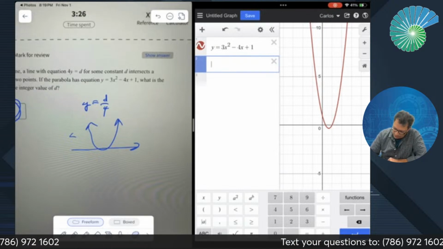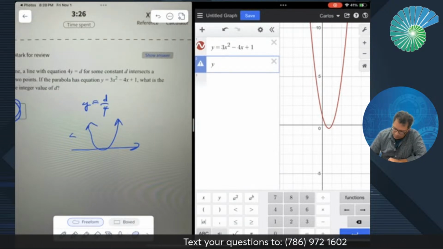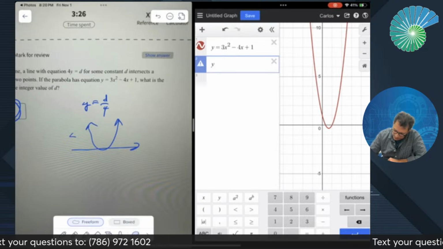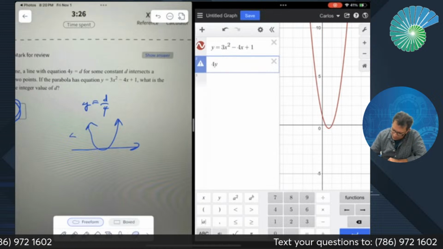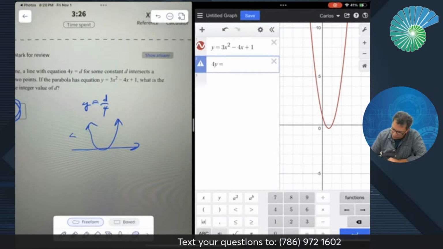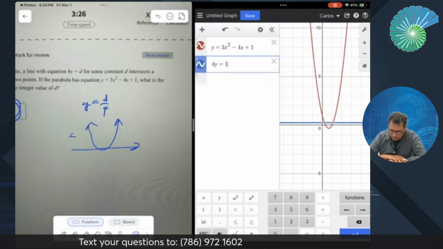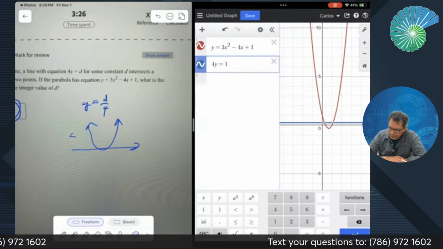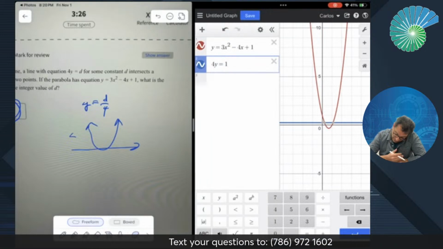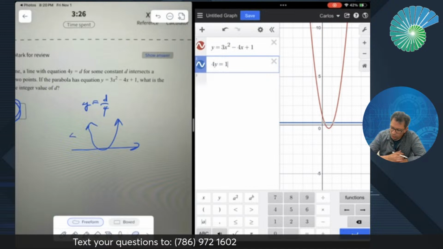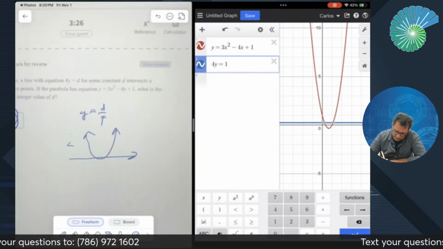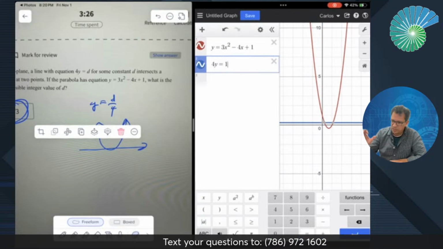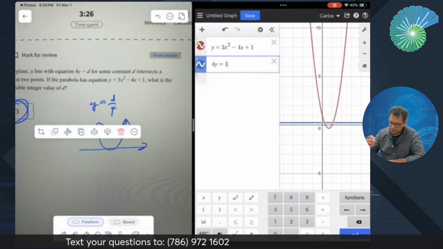So, for example, if I put that line there, let's say 4y equals, let's say 1, right? Okay, you can see that, just to illustrate, this line meets the parabola twice, but your goal is to bring it down until it doesn't touch it twice.